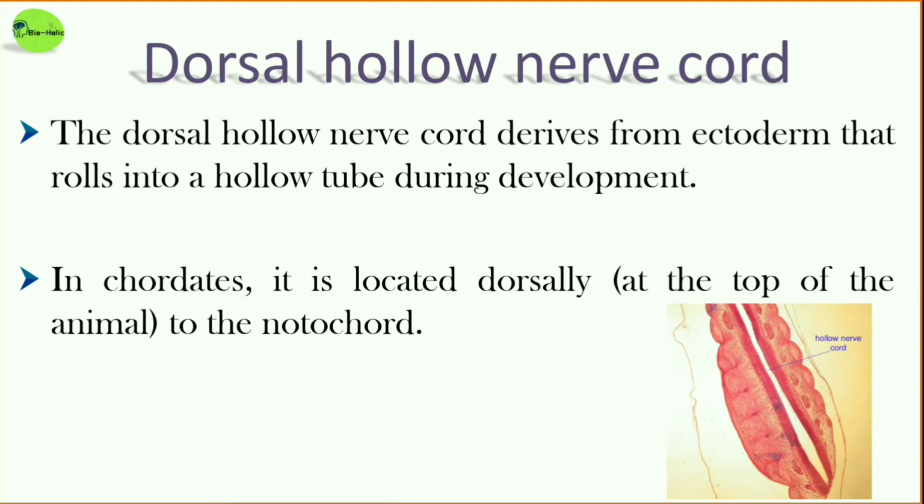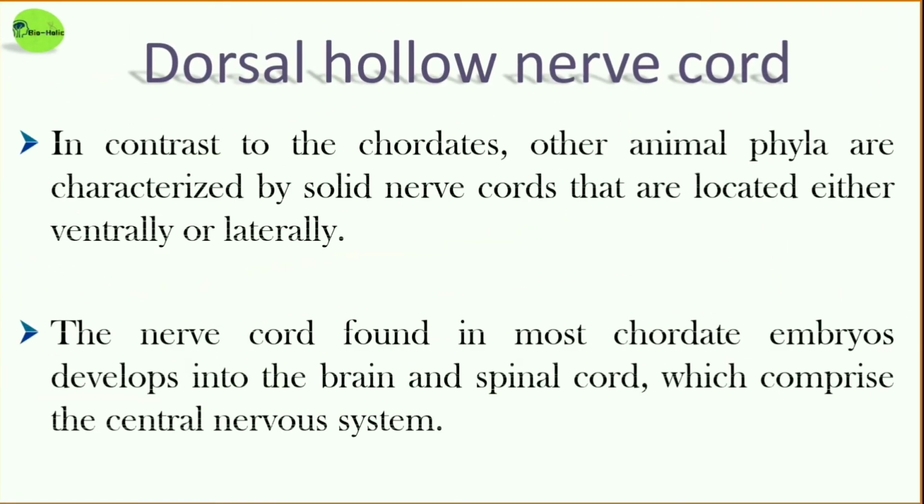In chordates it is located dorsally to the notochord, so it is known as the dorsal hollow nerve cord. Other animals are characterized by solid nerve cords, located either ventrally or laterally, but in chordates it is located dorsally.